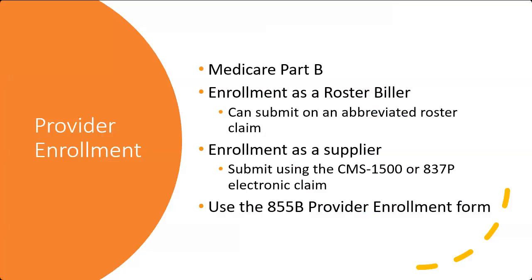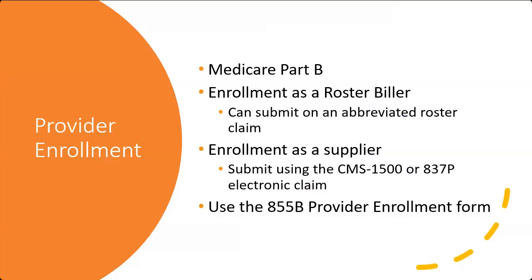If not billing through the roster, then you would submit the CMS 1500 form or the electronic equivalent. The electronic form allows for faster processing. Just like anyone else, pharmacies must complete the claim submission correctly.